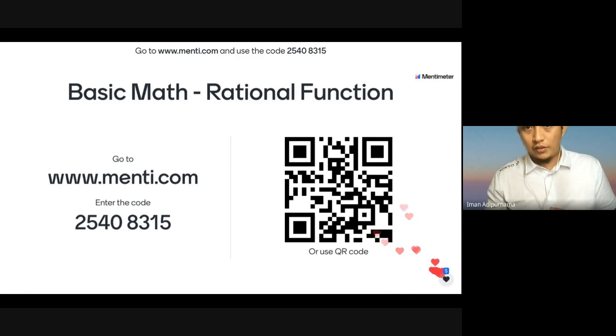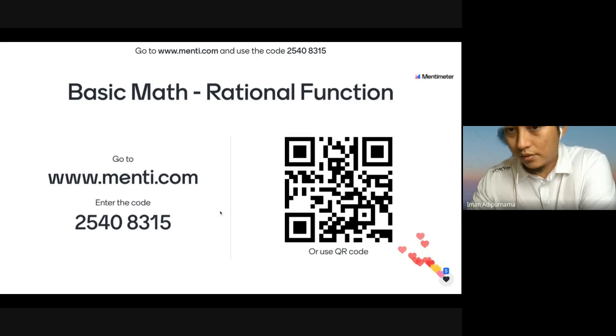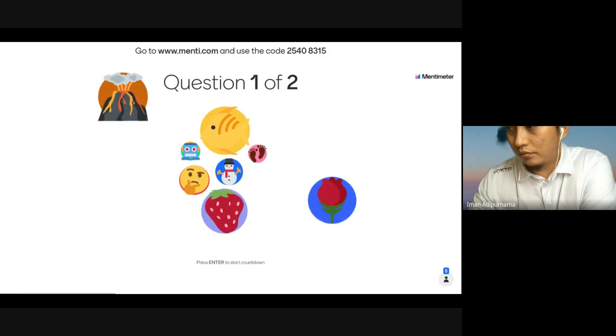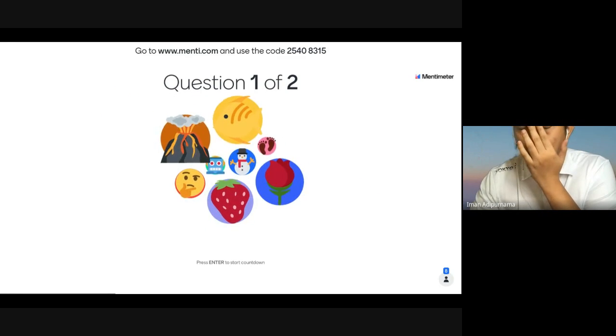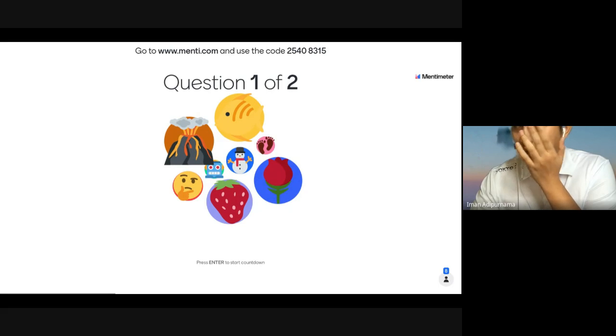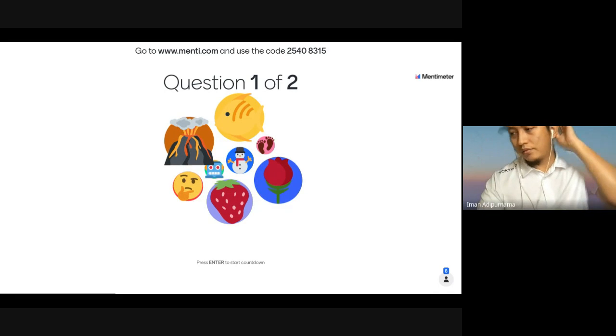Okay, let's wait for a moment. 5 students. Okay, let's just get through. Let's start with the first one. I hope I already adjusted the time. If not, I will rearrange. Okay, like 3, 2, 1.